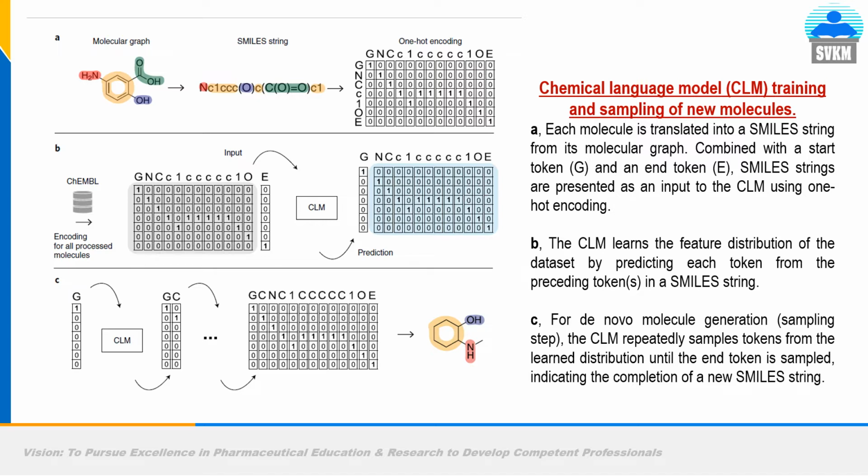Now for de novo molecule generation, that is a generative machine learning or deep learning model, we have to repeatedly sample tokens from the learned distribution until the end token is sampled, indicating the completion of the new SMILES string. De novo means to design a molecule from scratch.